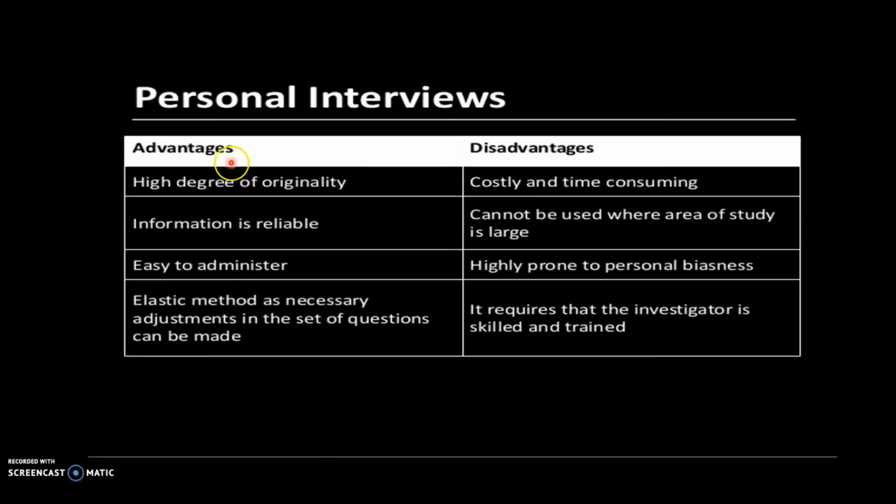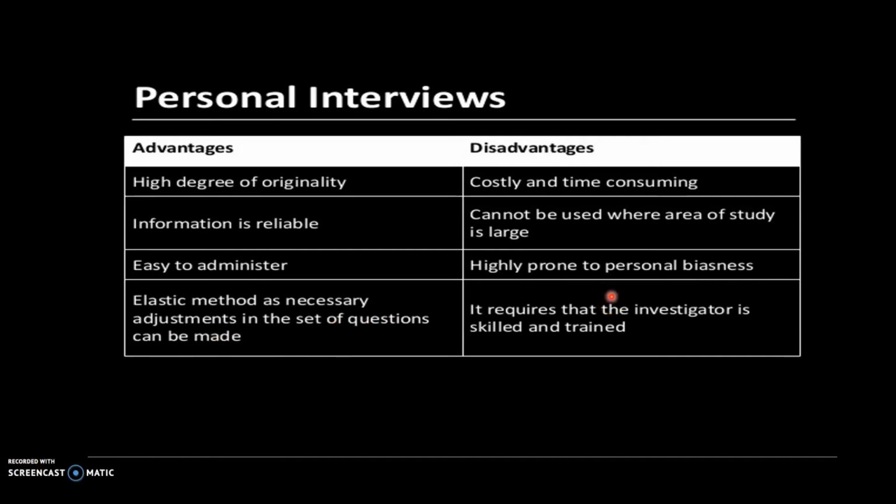So children, what are the advantages and disadvantages of these personal interviews? Advantages: high degree of originality. Information is reliable, easy to administer. Elastic method as necessary adjustments in the set of questions can be made.